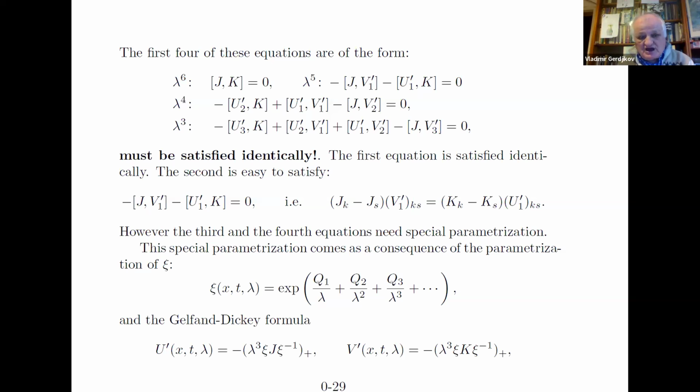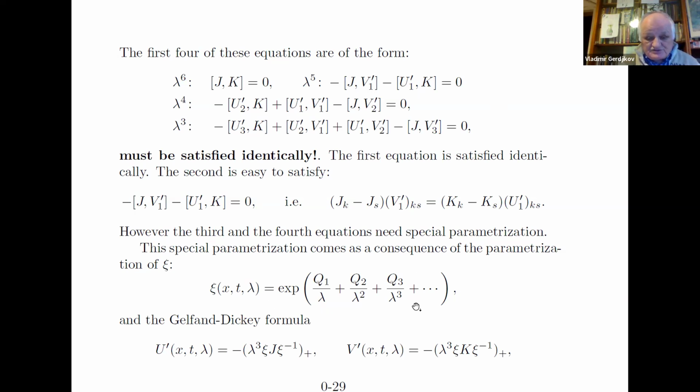So the question is, how do we parameterize these matrices U1 prime, U2 prime, U3 prime, etc., so that these relations are identically satisfied? Well, we have been lucky. We get the corresponding expressions for U1, U2, U3 using the Gelfand-Dickey approach.